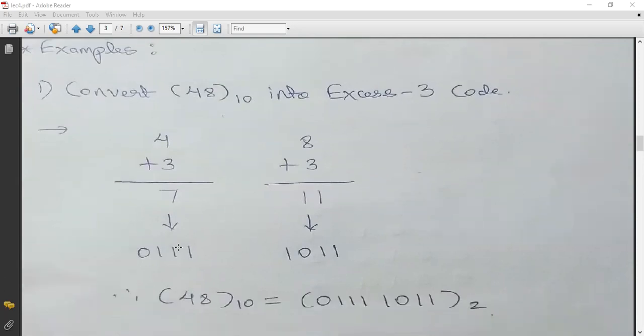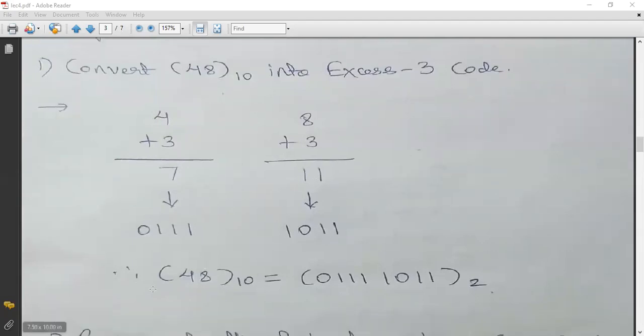So what is its binary representation? The representation of 7 in binary form is 0111. The representation of 11 in binary form is 1011. Therefore, 48 to the base 10 is now converted into its XS3 code form, and it is 0111 1011 to the base 2.